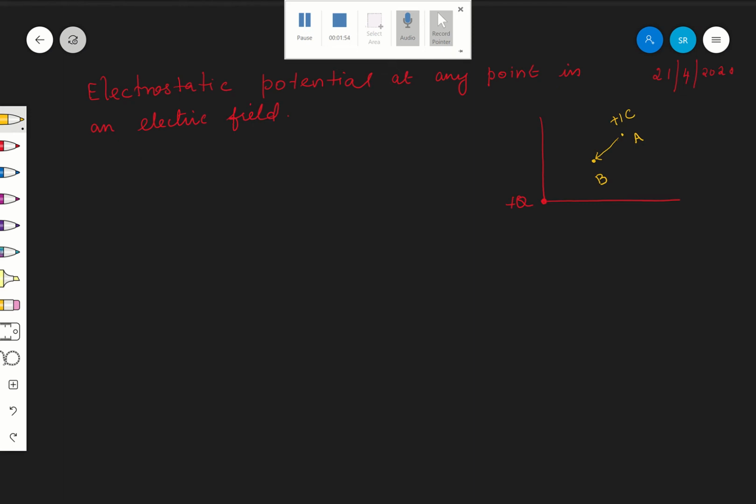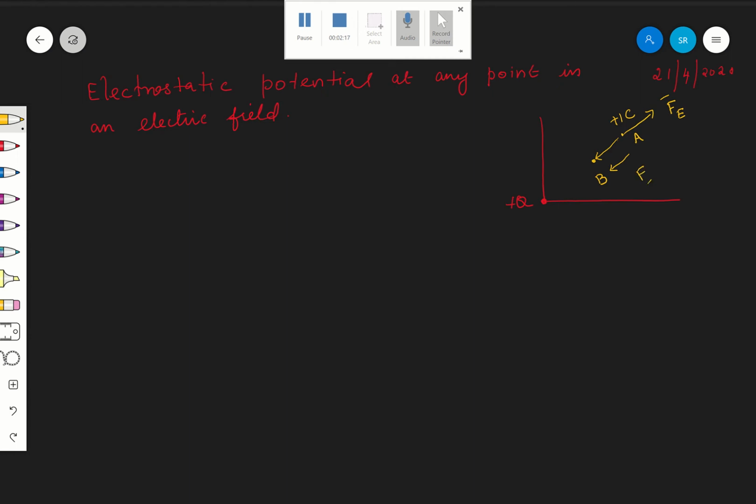As we have seen in the previous one, this is the force due to the electric field. If I keep a unit positive charge, it will experience a force, that is repulsion. But now I want to move it in this direction, against the electrostatic force.